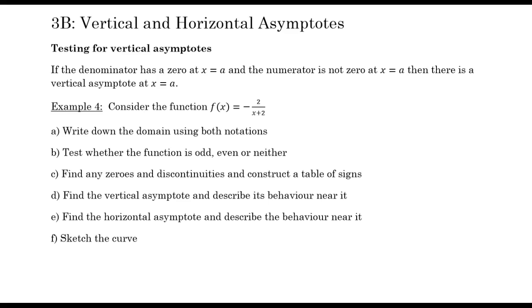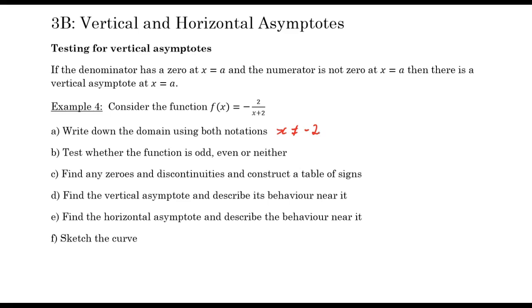Now, we're going to jump straight into this example. I've got this function here, negative 2 over x plus 2, and we're asked to write the domain of this using both notations. Well, our domain is going to be all values of x except for x cannot be negative 2. So I might say x does not equal negative 2.